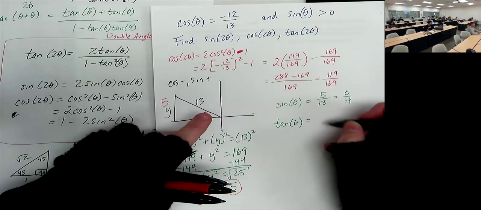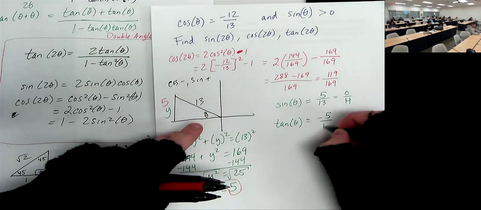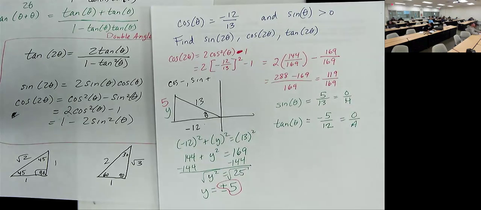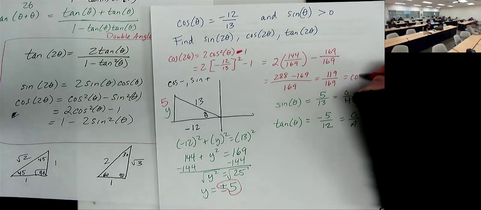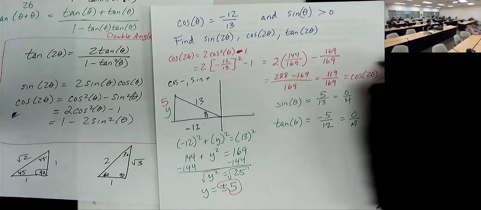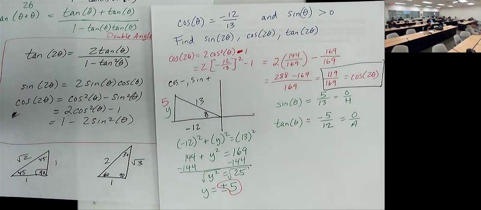Opposite over adjacent, -5/12. Alright, well, that was our cosine 2 theta, we weren't looking for sine theta and tangent theta. We were looking for sine of 2 theta and tangent of 2 theta.